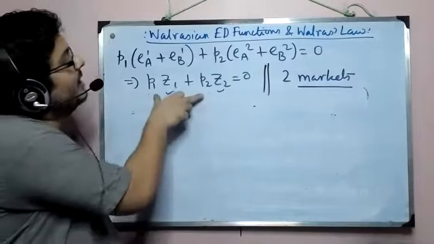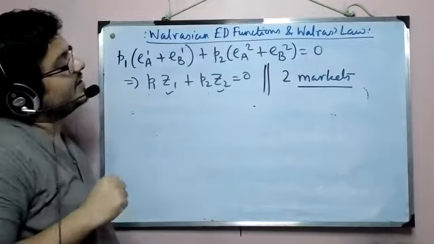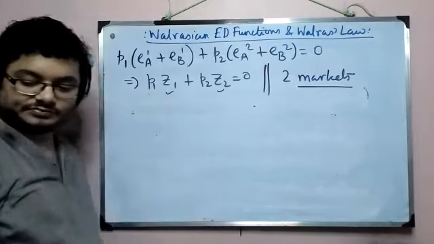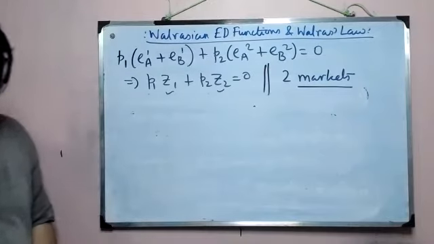Now, multiplied with the corresponding product prices, it sums up to 0, right? That's what it says.